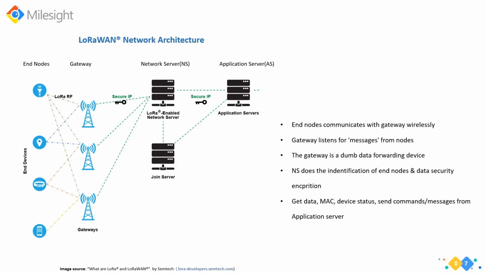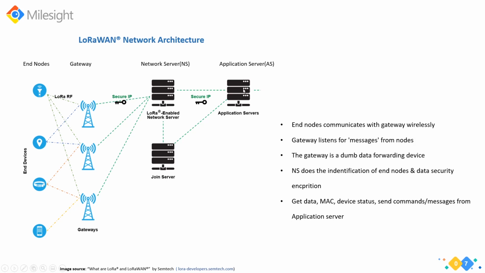So the network server identifies the end devices. The network server receives multiple copies of the transmitted packets, decrypts them, and deletes the duplicate packets. The network server does some security work to protect the data and then forwards the payloads to whatever application server the end users require. And finally, you have the application server here.